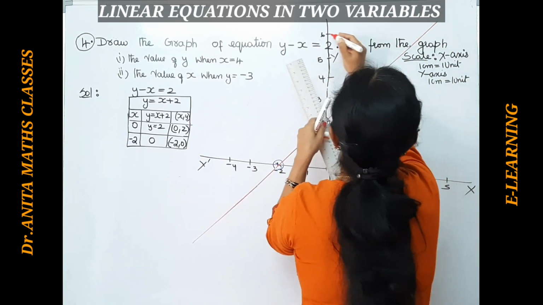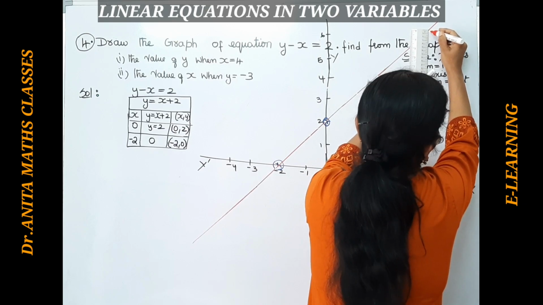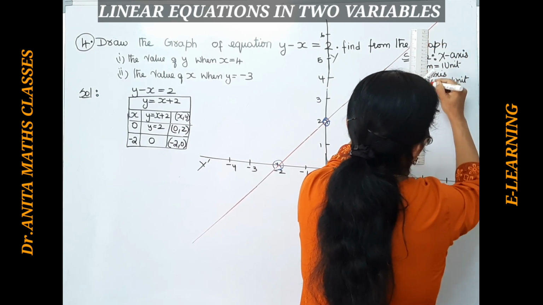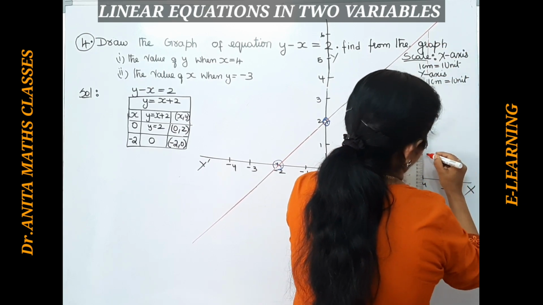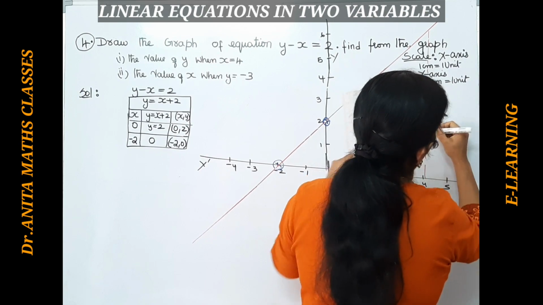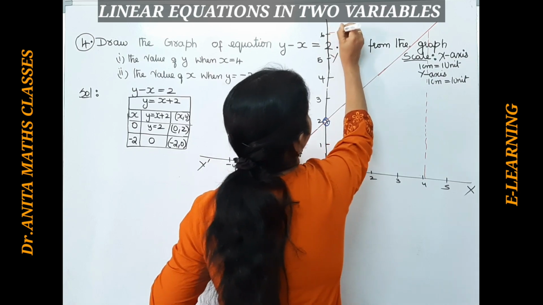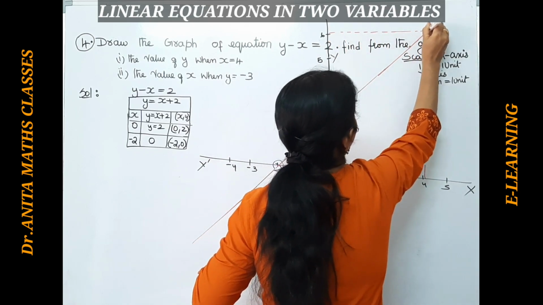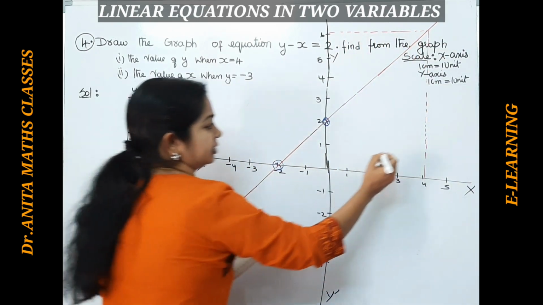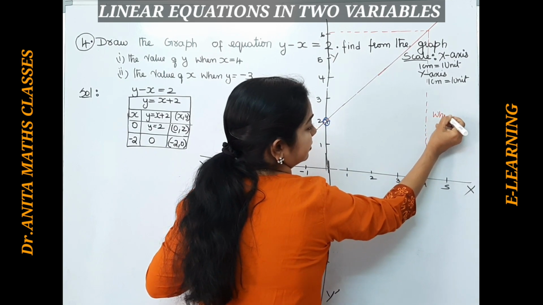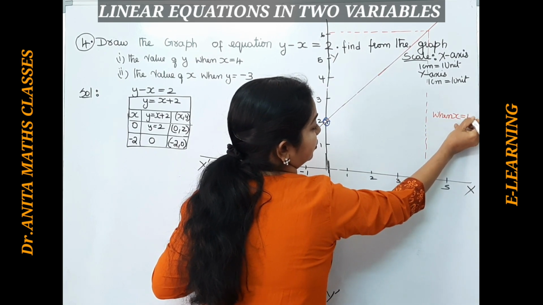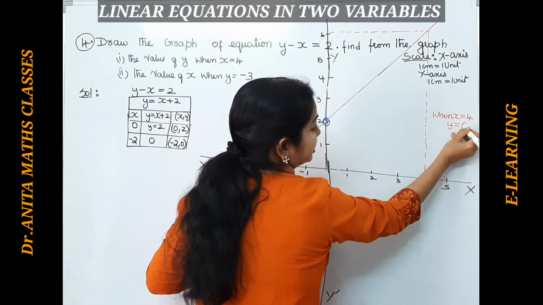So if this is 6, somewhere at 6 you will get, see if you just draw dotted lines. So when x is equal to 4, we are getting this value. So here you write: when x is 4, y equals 6.